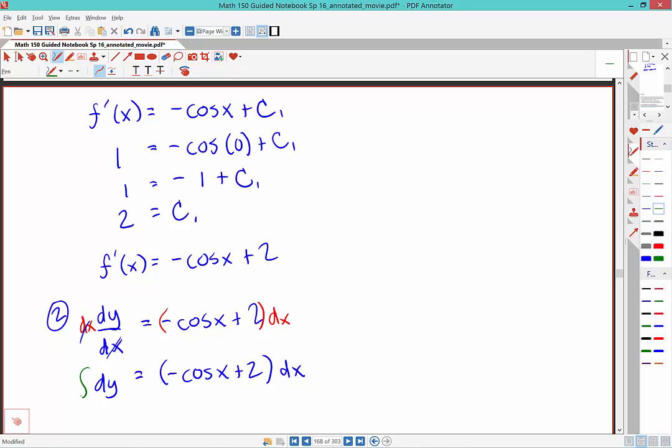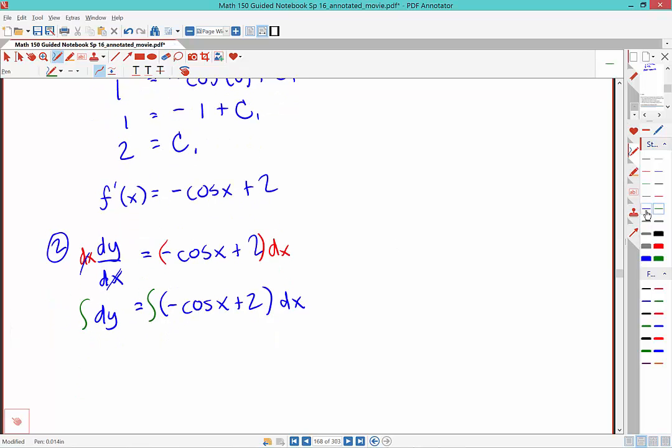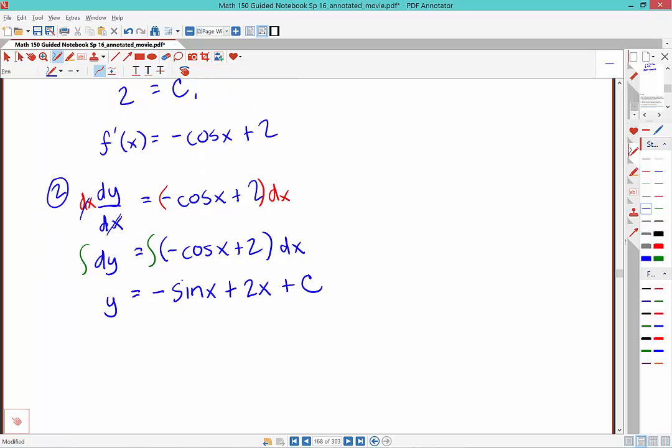And then integrating both sides, y is equal to negative sine of x plus 2x plus c. So that tells us that f of x is negative sine of x plus 2x plus c, call that c2.